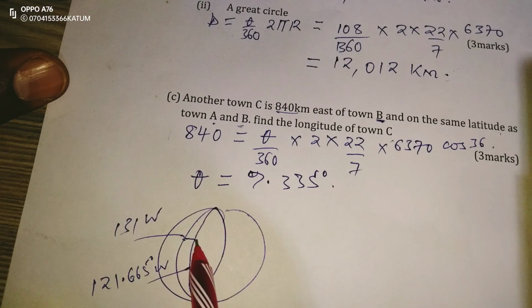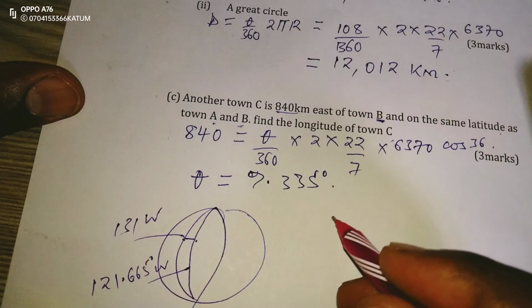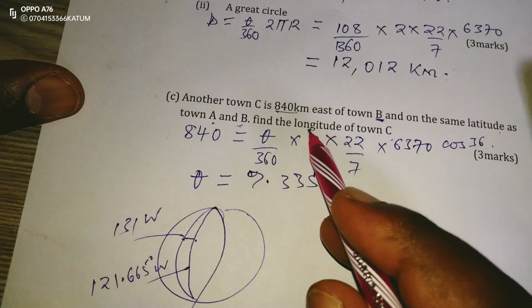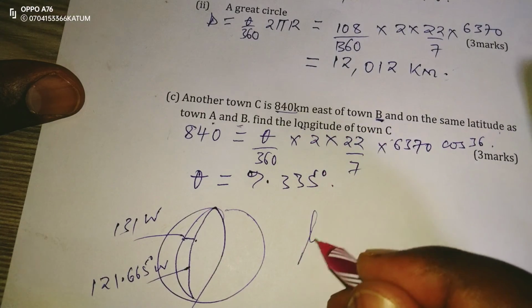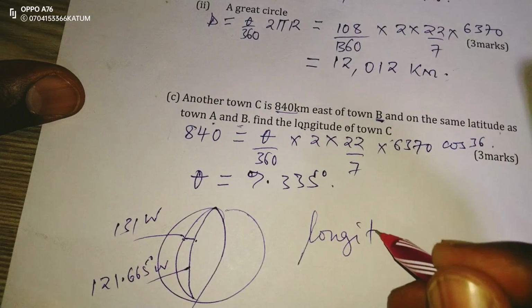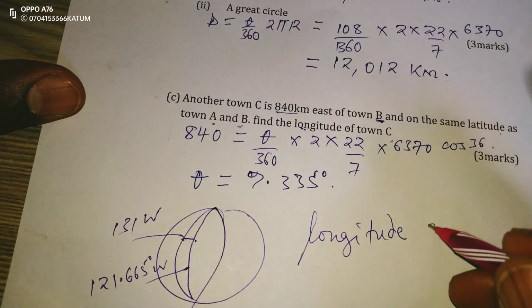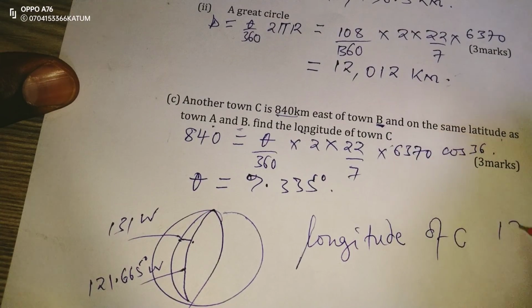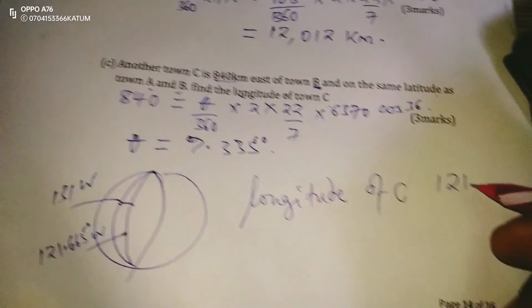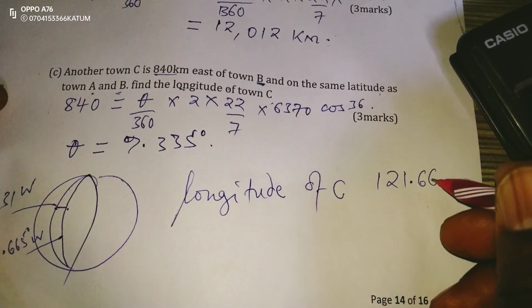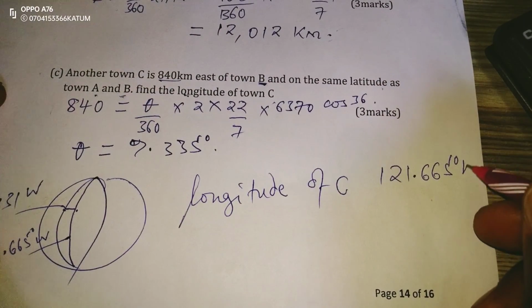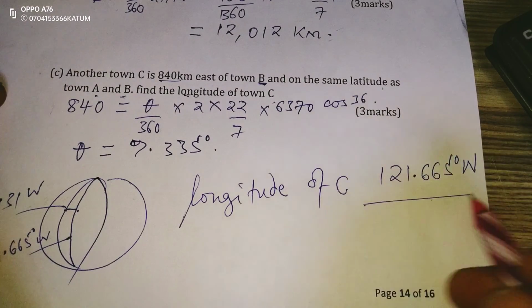Therefore, the longitude of C is going to be 121.665 degrees west. It's very important.